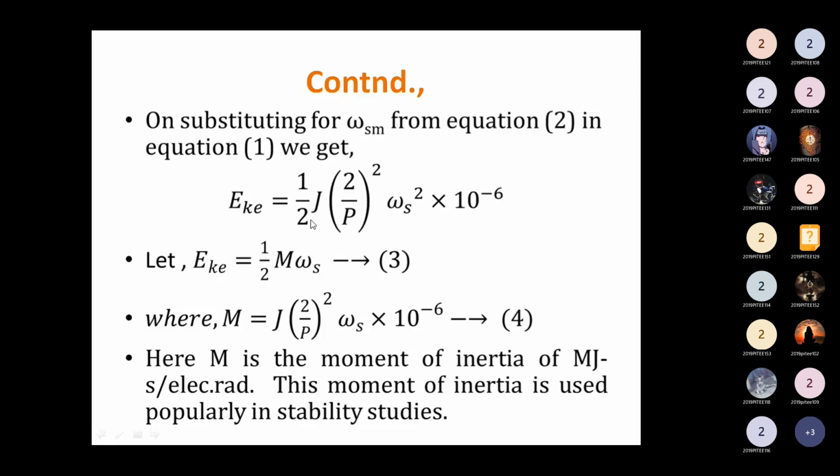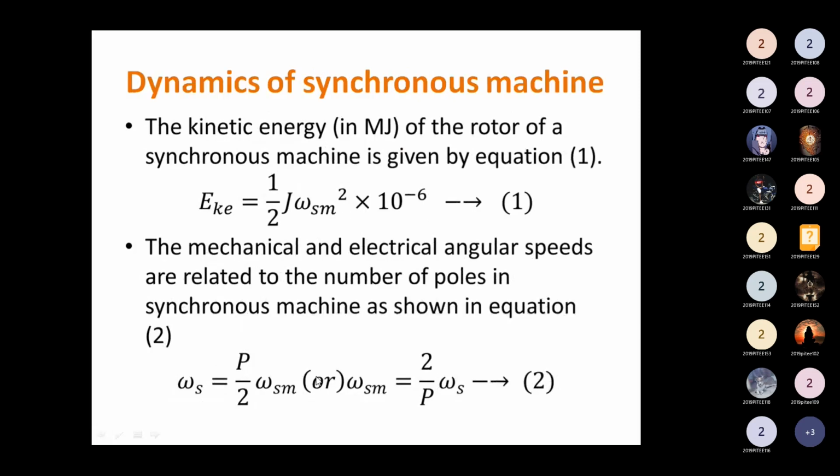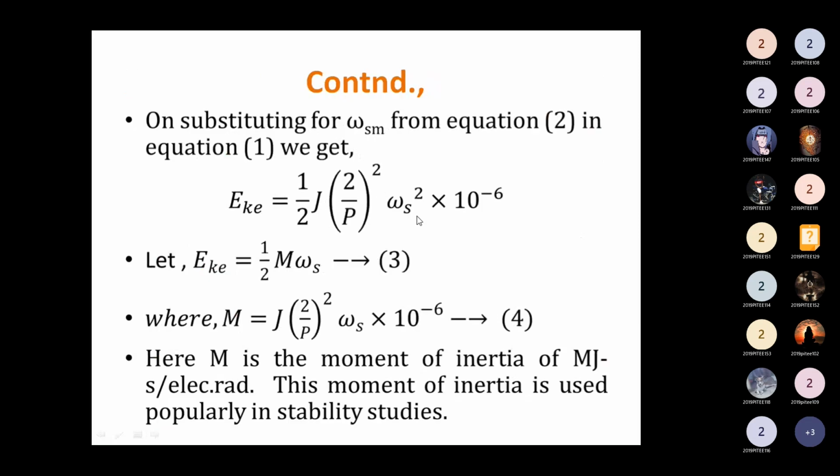So 1 by 2 J, 2 by P whole square, into omega s square, into 10 power minus 6. So EK is equal to 1 by 2 times M omega s square, naming the equation as 3.